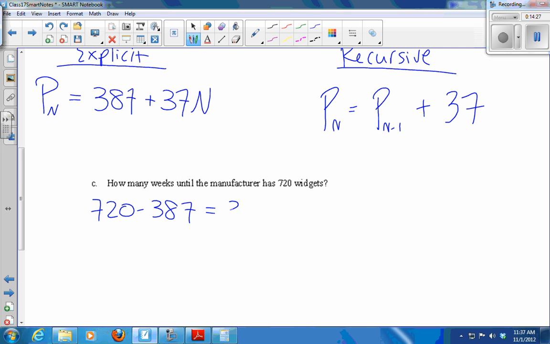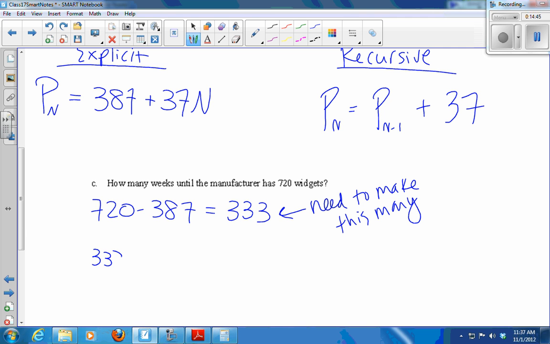Okay, thank you. And you're saying this is how many I have to make to get to 720? Need to make this many, and I can make 37 a week. So to figure out how many weeks it'll take, I take my 333, divide by 37, and you get 9 weeks.